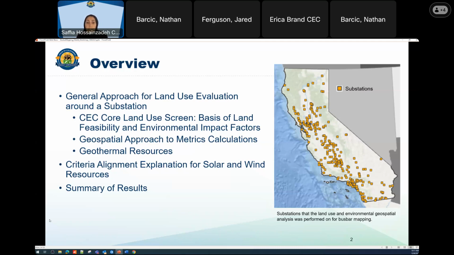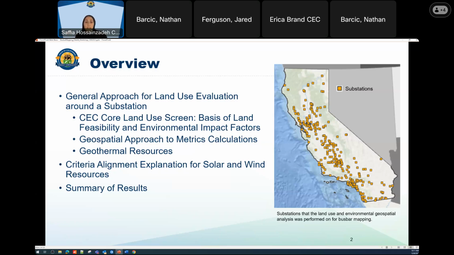To evaluate the land use and environmental conditions of the possible locations for the future projected renewable resources, we analyze the area around a substation using explicit geospatial data sets that the CEC has used for statewide energy planning. The substations that we perform this analysis on are shown here on the right.